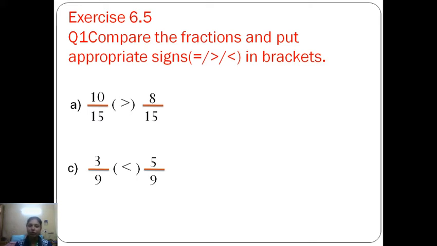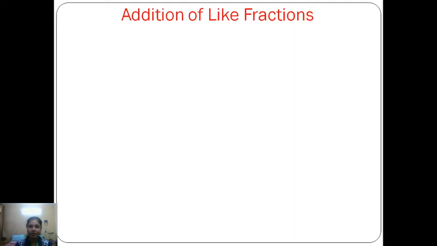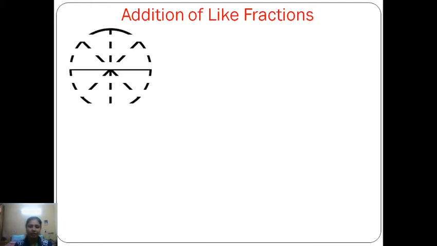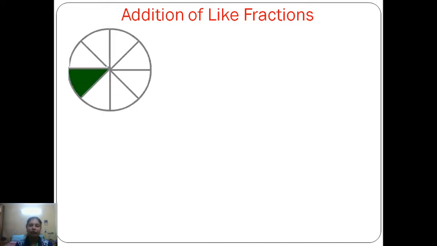So we move to the next concept, that is addition of like fractions. So for that, let's take an example. Mama baked a cake and she divided the cake into 8 equal parts. She gave one part to your father.